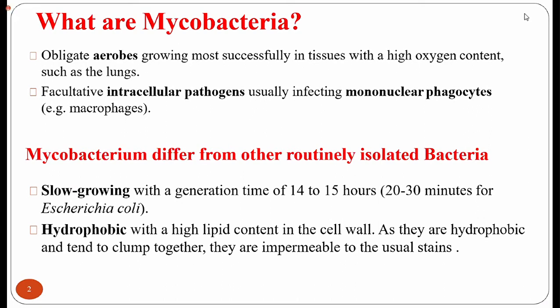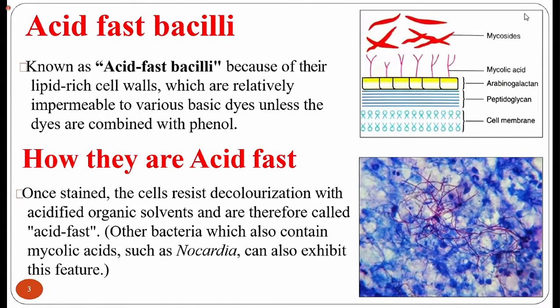That's why for initial diagnosis we usually do a stain, which we call the acid-fast stain. We call it acid-fast bacilli because of the lipid-rich cell wall. I call it mycolic acid, if you remember from last time.